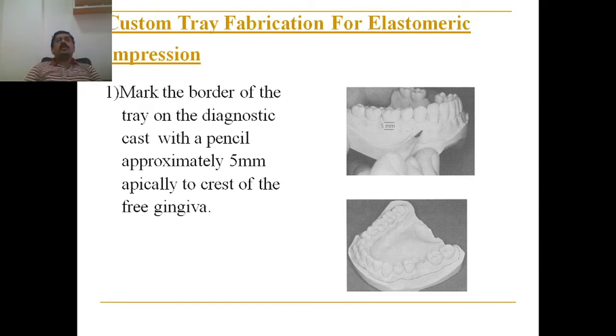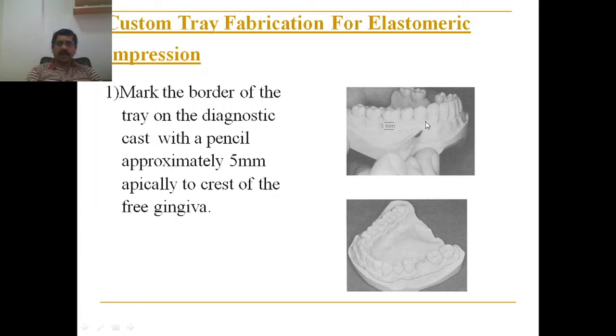Now we will go on to custom tray fabrication for elastomeric impression. The first one was using a stock tray and now we will make a custom tray for that. Okay. Here we can see, now we will mark the border of the tray on the diagnostic cast with a pencil.